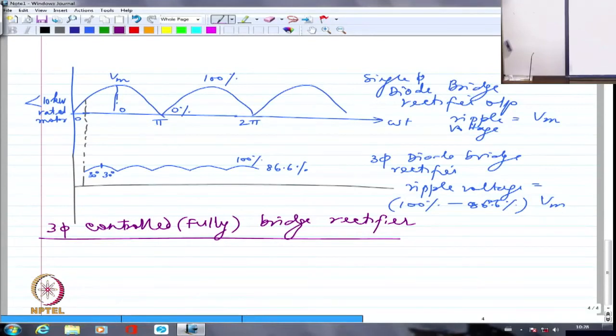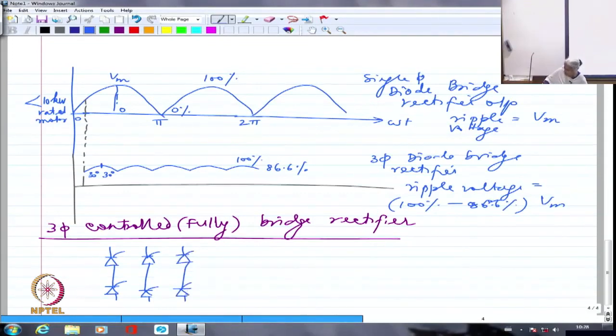So obviously I am going to use 6 thyristors. All of them will be thyristors. If I use 3 thyristors and 3 diodes, then I will call them semi-controlled. We'll look at that as well, but first we'll start off with fully controlled.